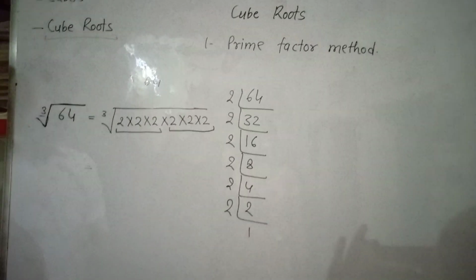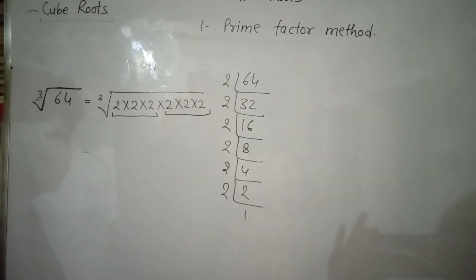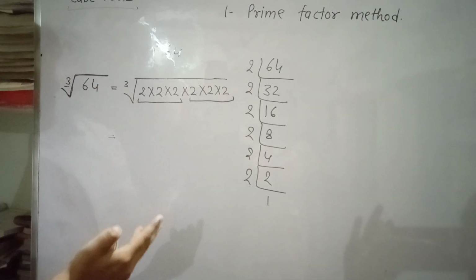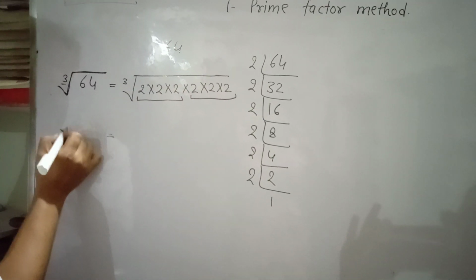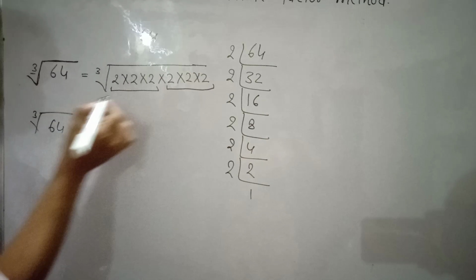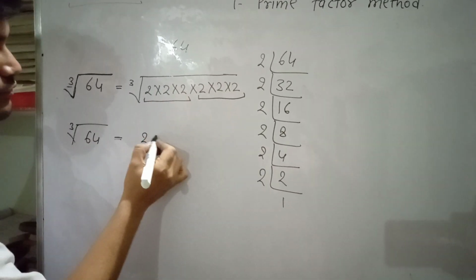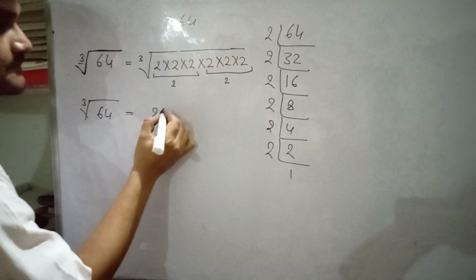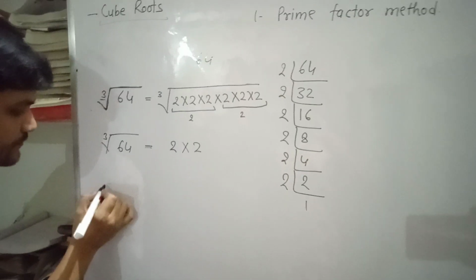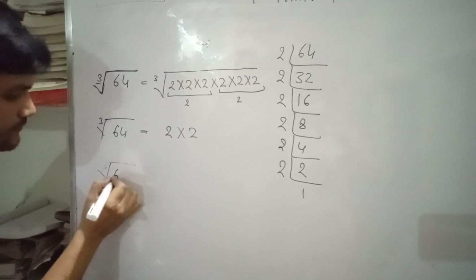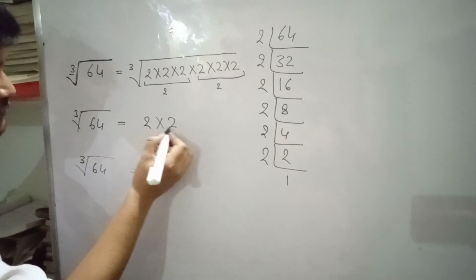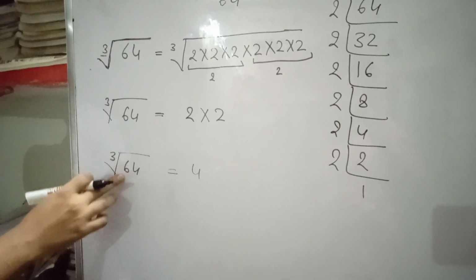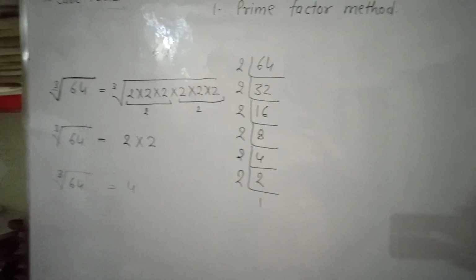In the case of a square root we make pairs of 2 numbers, but here we make groups of 3. We take 1 number from each group: 2 from this group and 2 from this group. Two times 2 is 4. So 4 is the cube root of 64. That's the method for finding the cube root of a number.